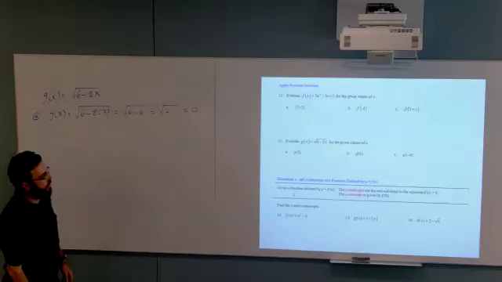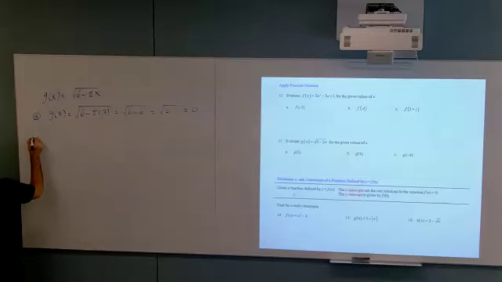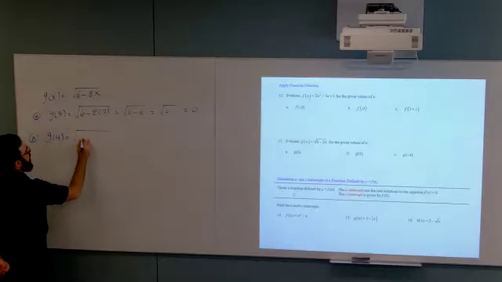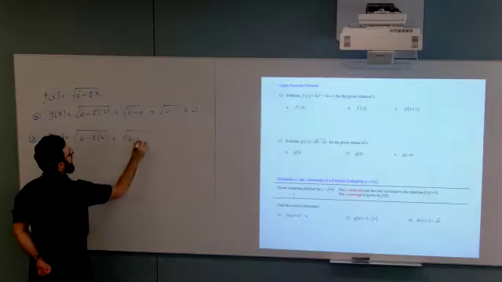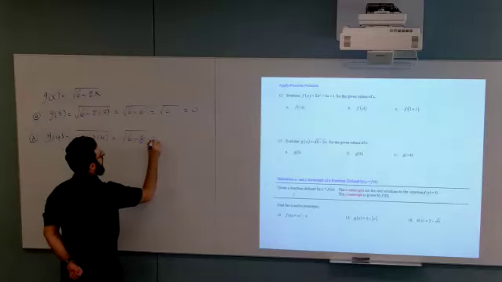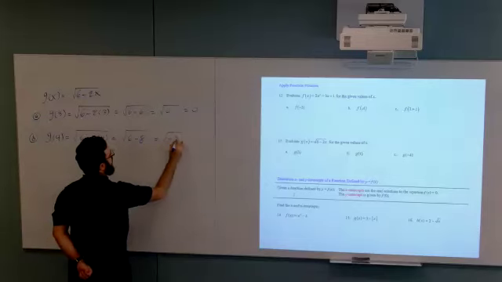Well, then next one. Plug in 4. G of 4. Square root of 6 minus 2 times 4, which equals the square root of 6 minus 8, which equals the square root of negative 2.